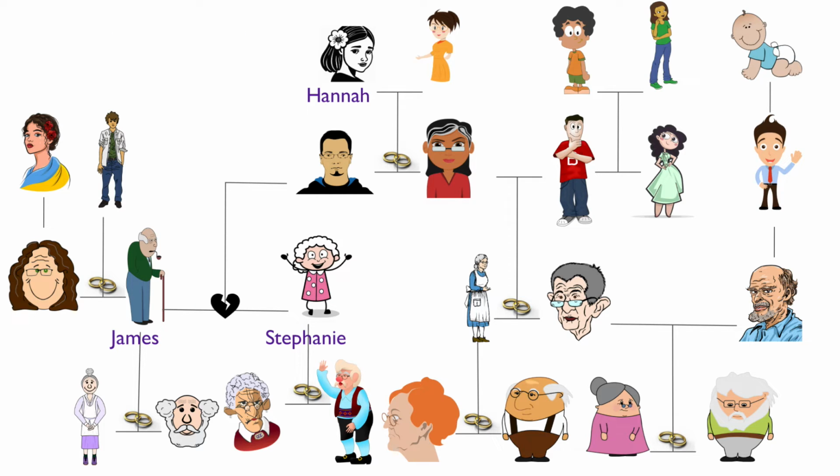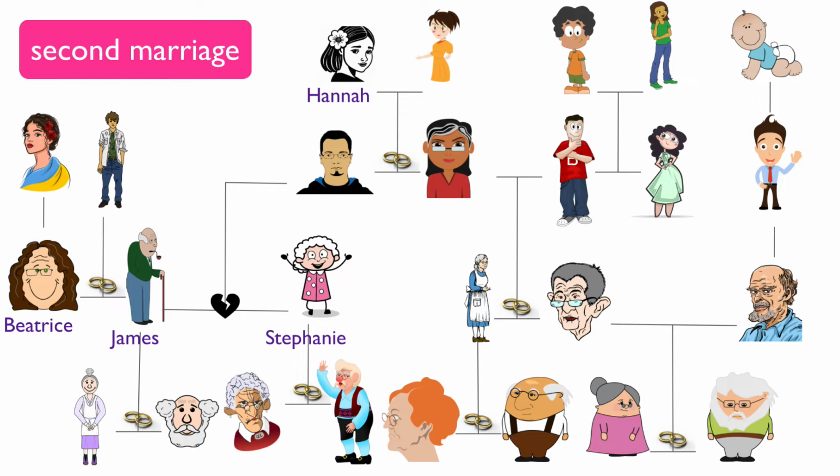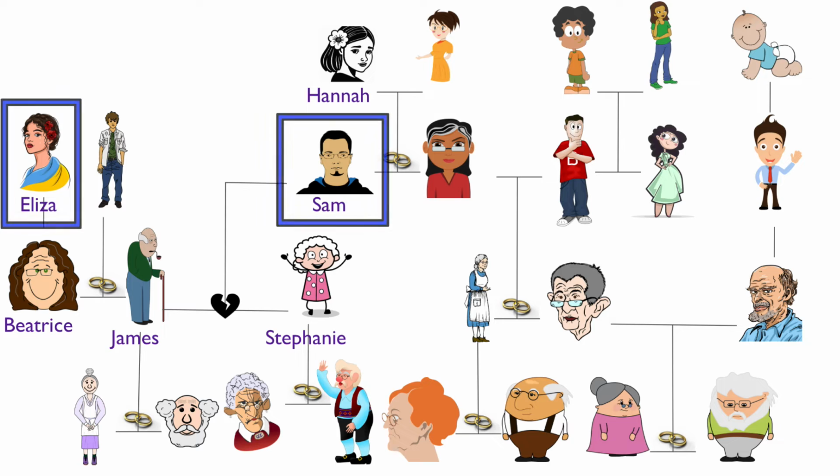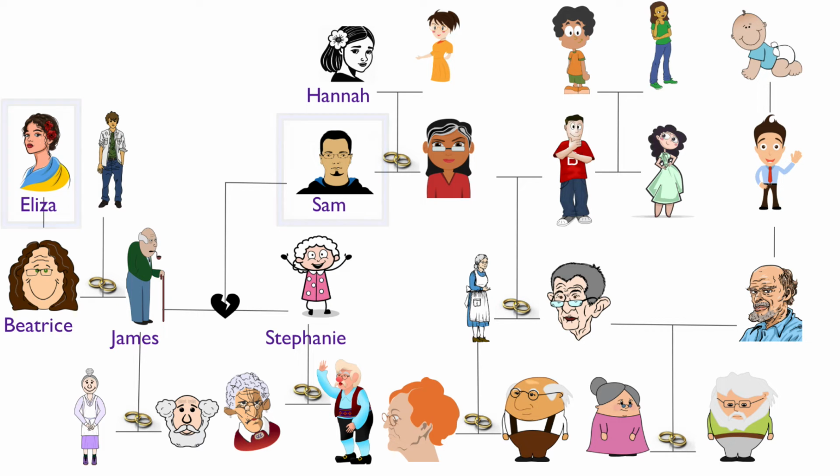James has decided to remarry to Beatrice. This is his second marriage. Beatrice has one kid from her ex-husband. This child is called Eliza. Sam and Eliza are effectively brothers and sisters, but they don't have any parents in common.